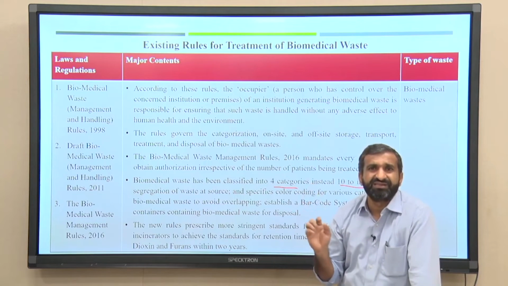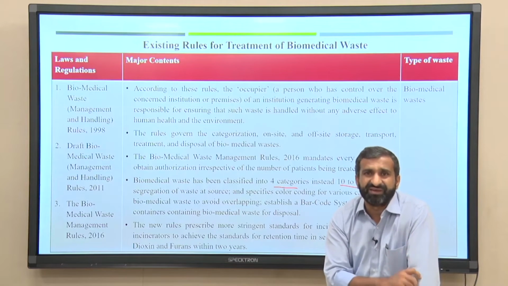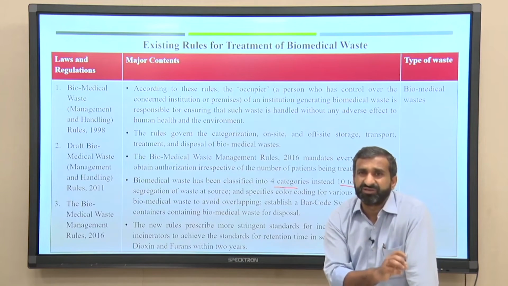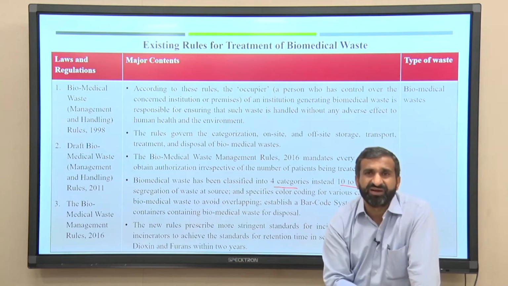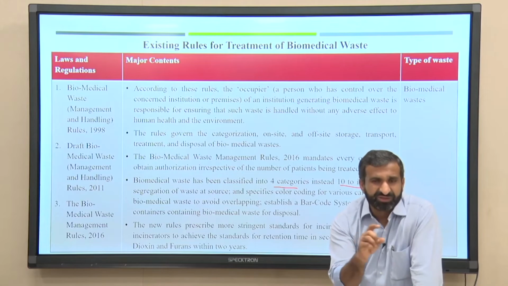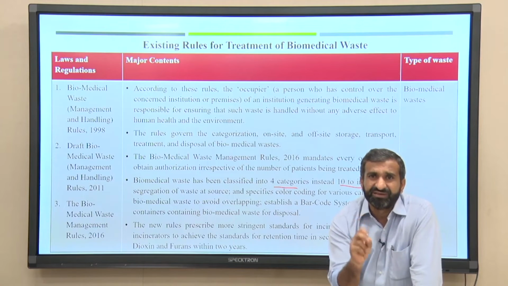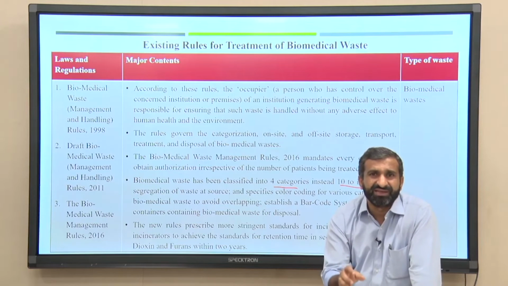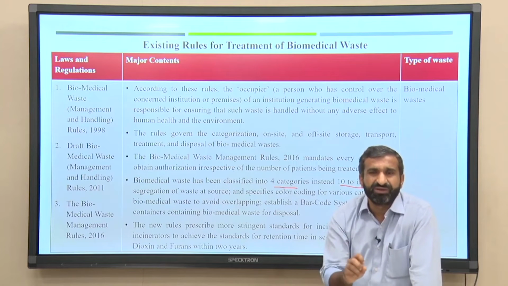Those guidelines are given in the rule, and the remaining goes to the recycling facility. Mostly the plastic items, and even some metal items, are recyclable. That facility you will also be able to find. Also, during segregation, because many healthcare wastes or biomedical wastes contain liquid, that liquid has to be emptied, maybe manually or mechanically, mostly manually. A lot of manpower is involved in clearing out those materials.